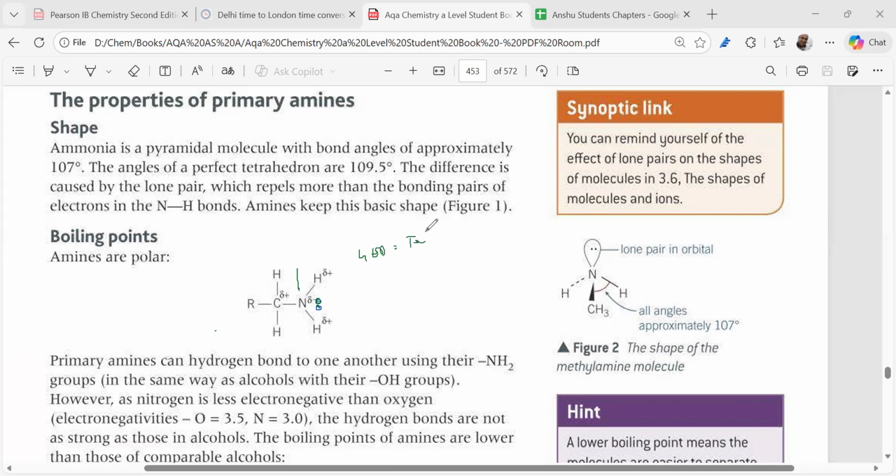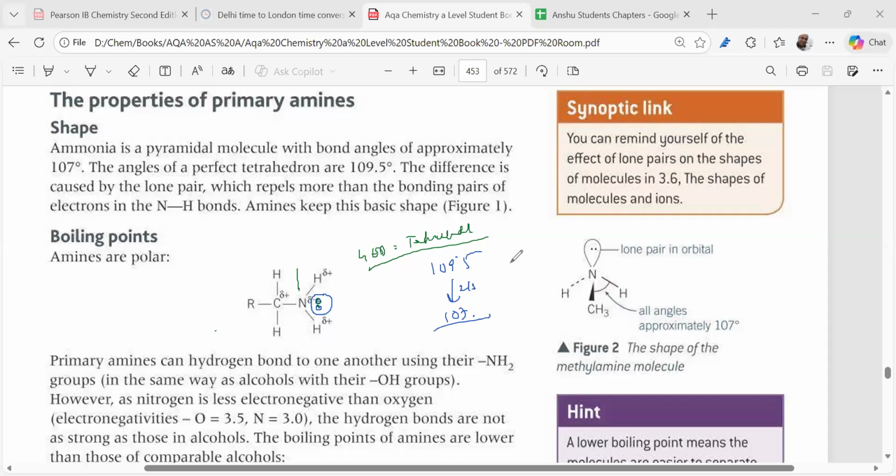Four electron domains will be tetrahedral, and thus it will have 109.5 degrees. Now there's a lone pair of electrons which reduces the angle by 2 to 3 degrees. It will be 107, right? Remember this. And it will be trigonal pyramidal. It's very easy if you know the theory of the year 12 sessions.